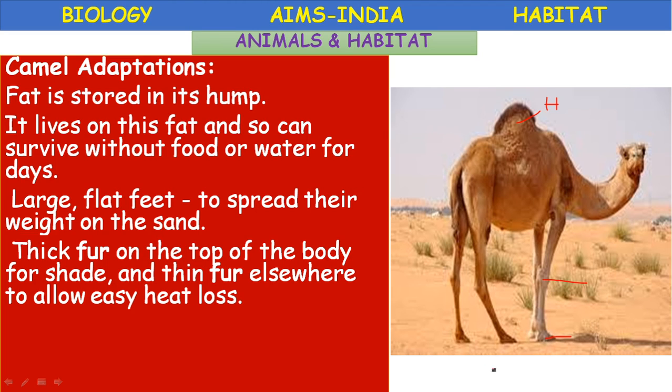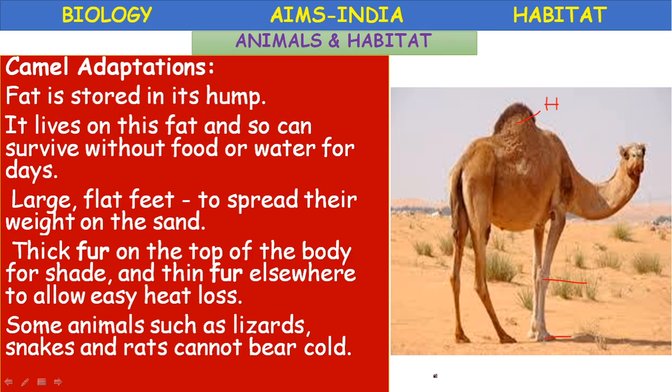Thick fur for shade, and the thin fur allows easy heat loss from the body. It doesn't sweat because water loss can be prevented, no sweat pores. Some animals such as lizards, snakes and rats, kangaroo rats we can say, cannot bear cold.